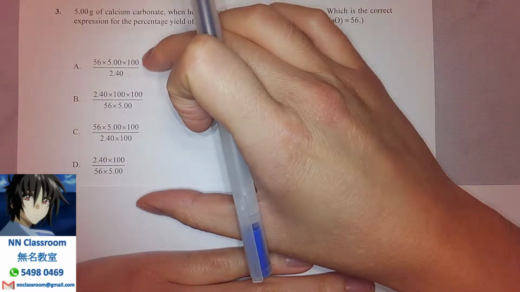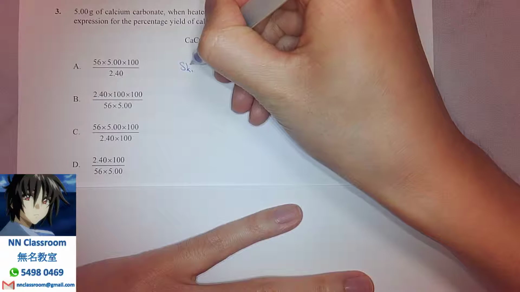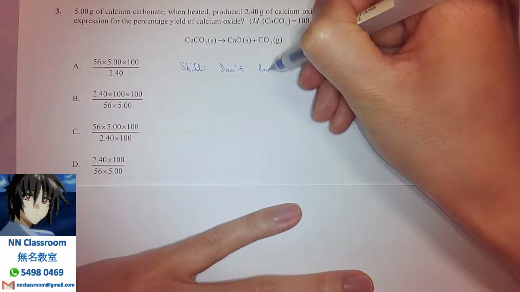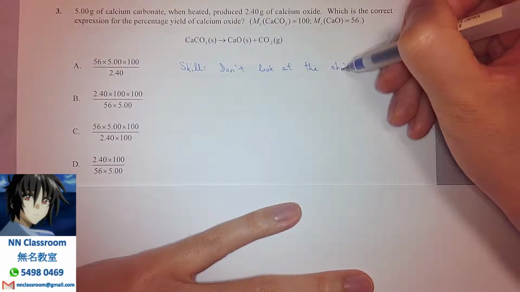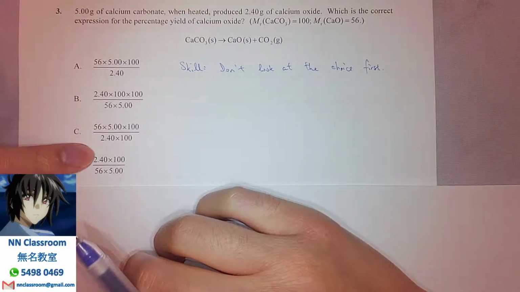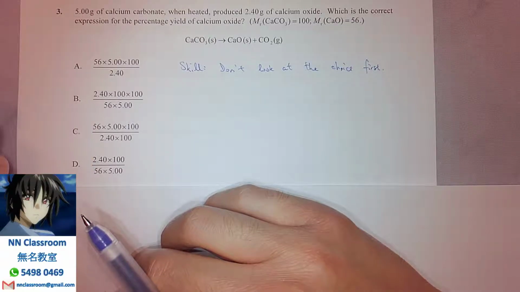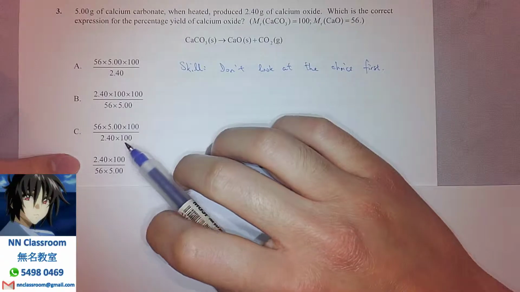For this kind of question, if they give you multiple types of expression, what I would suggest for the very beginning of the skill is: don't look at the choices first. Don't look at the choices first, because you will see that there are a lot of misleading traps given in the three other choices, because the answer can only be one of them, and all of them have similar expressions.